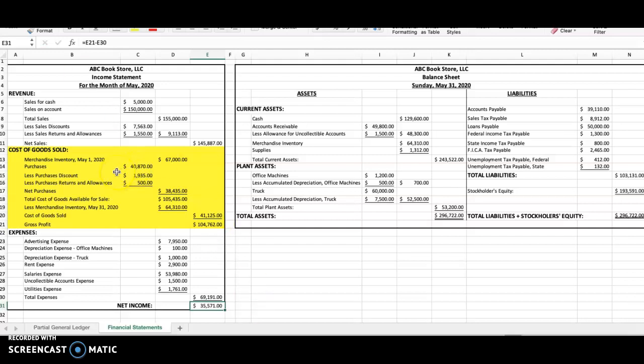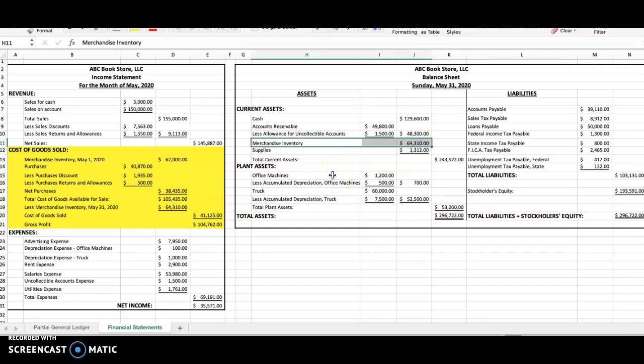One more thing I want to show you here before we leave this. This number, back up here in cost of goods sold, the merchandise inventory at the end of the accounting period, in this case May 31, will end up over here on the balance sheet.